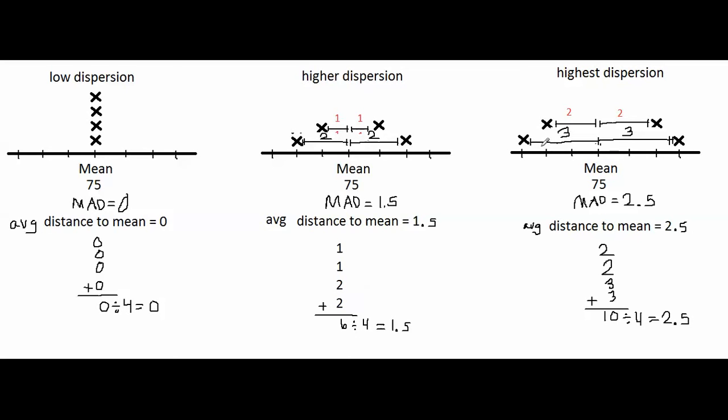Remember that the MAD is just the average of all of the absolute deviations. So as the dispersion goes up, the absolute deviations get bigger, and therefore the average of the absolute deviations gets bigger. That's why the MAD goes up when the dispersion goes up.